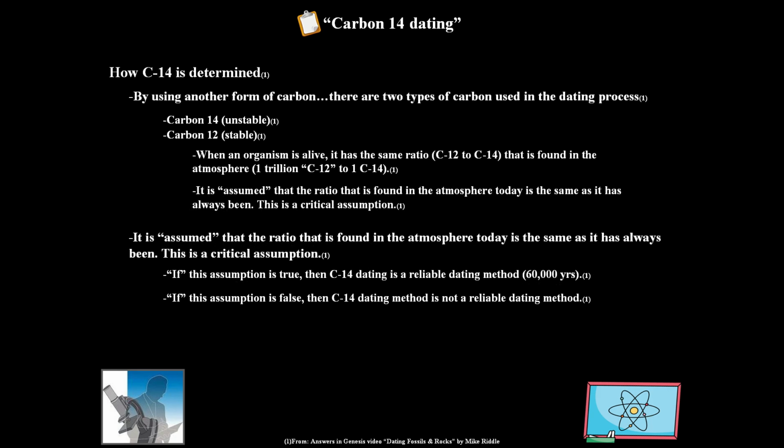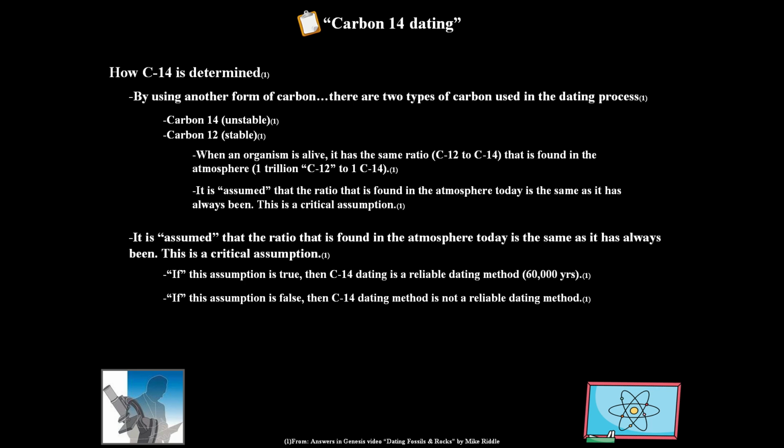How is C14 determined? By using another form of carbon. There are two types of carbon used in the dating process: carbon-14, which is unstable, and carbon-12, which is stable. When an organism is alive, it has the same ratio of C12 to C14 as is found in the atmosphere, 1 trillion C12 to 1 C14.